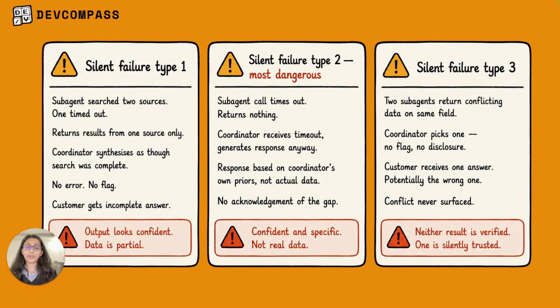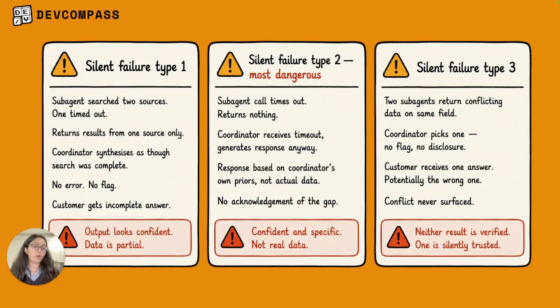The second type is hallucination on timeout, and it is the most dangerous. The sub-agent timed out completely, returned nothing or returned an error. The coordinator received the timeout, and rather than acknowledging the gap, it generated a response anyway. Strange, right?